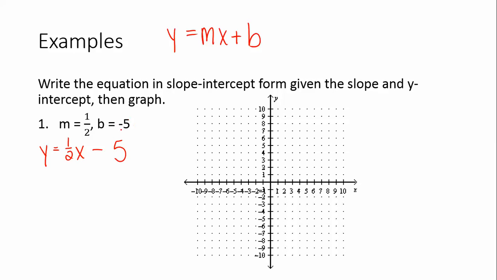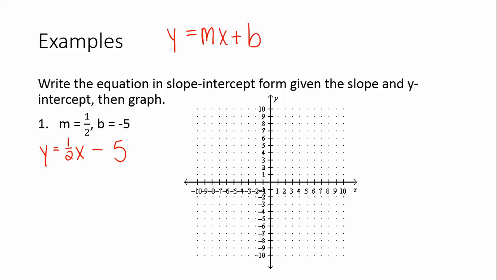Recognize that if the b term is negative, you're plugging in a -5, that's going to change that addition sign to subtraction. So here we have the equation in slope-intercept form, and now we want to graph it. When we graph an equation in slope-intercept form, we always start at the y-intercept.